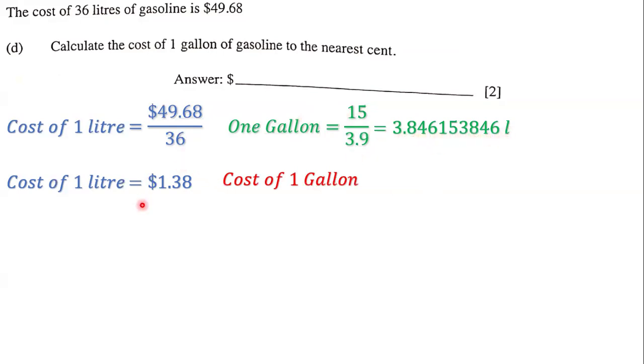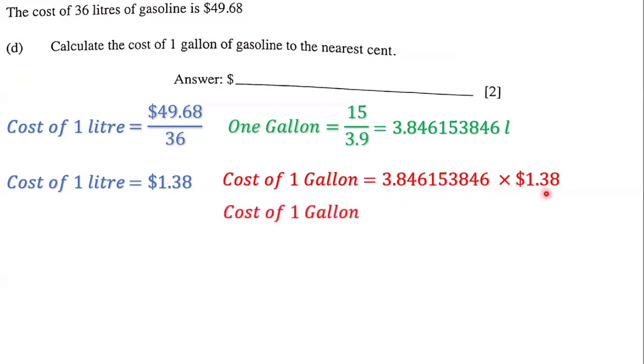Well, we know that 1 liter costs $1.38. And so if we want to find the cost of this amount of liters, which is the cost of 1 gallon, we just have to multiply by 1.38. And so we have 3.846153846 multiplied by 1.38. And that means that the cost of 1 gallon is going to be 5.307692307. And so that means that that's our answer.